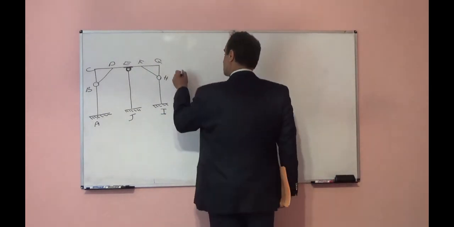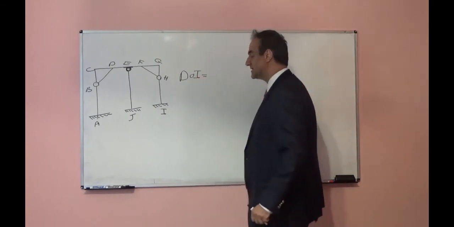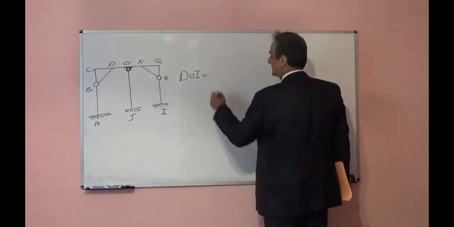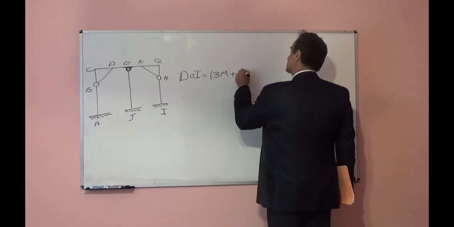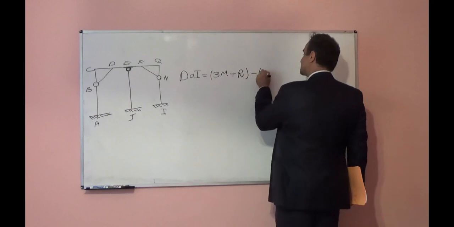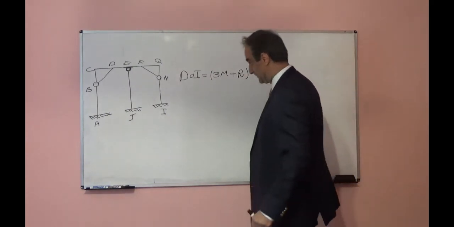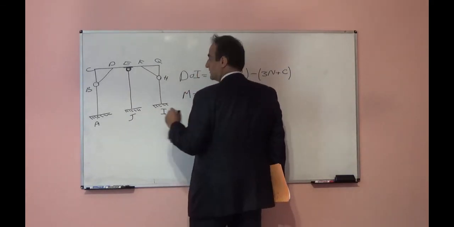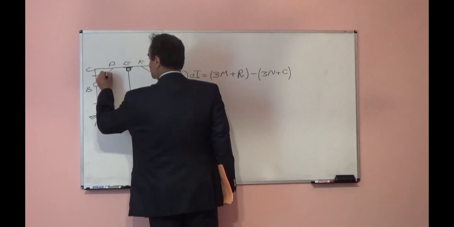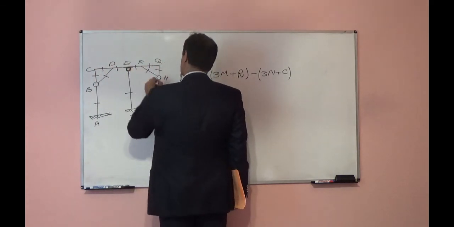So, if you remember, I proved this formula in class. Degree of indeterminacy is equal to 3 times members plus reactions minus 3 times number of nodes plus condition equations. Here the number of members in this problem is 1, 2, 3, 4, 5, 6, 7, 8, 9, 10, 11.